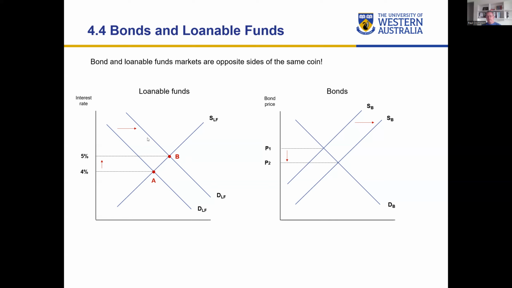Okay, so more demand for loanable funds, more bonds are supplied into the market, bond prices fall, and as bond prices start to fall, yields start to rise.